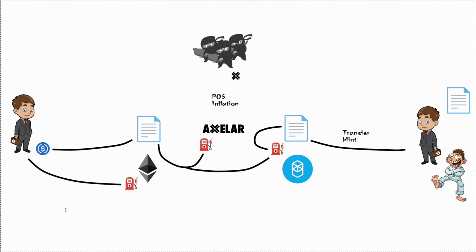Now there are some things in here that we need to talk about, and that is the gas, okay? In this case, dollar bill is going to have to pay gas to call this function on this thing. So that's going to send his USDC into this contract here, as well as tell it the parameters of what he wants done over here, right?